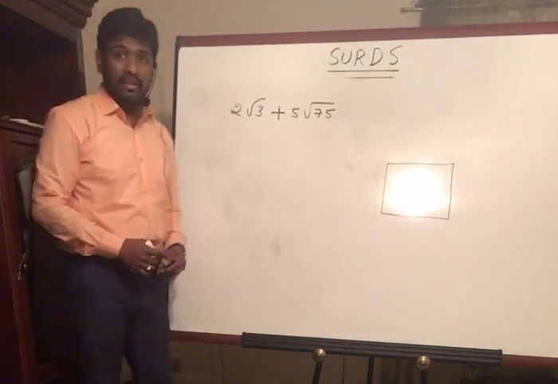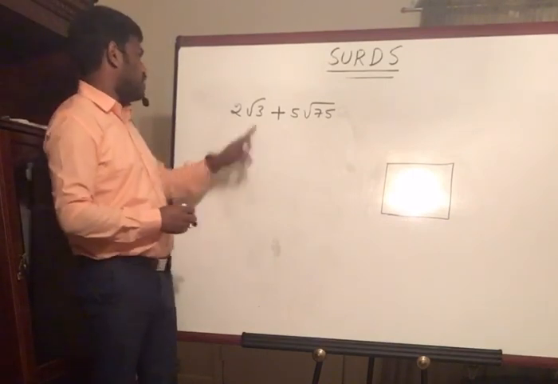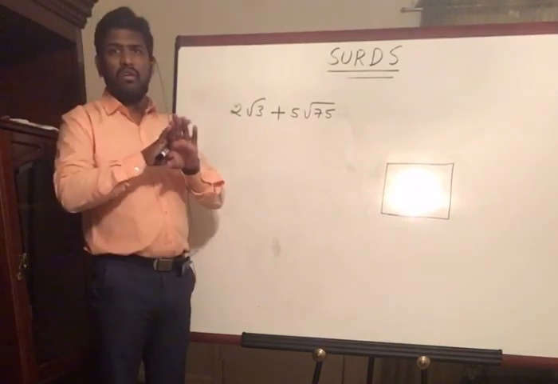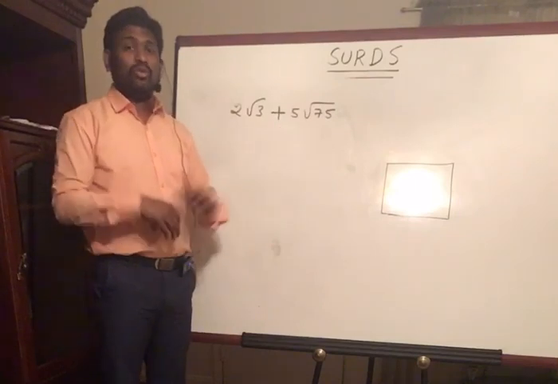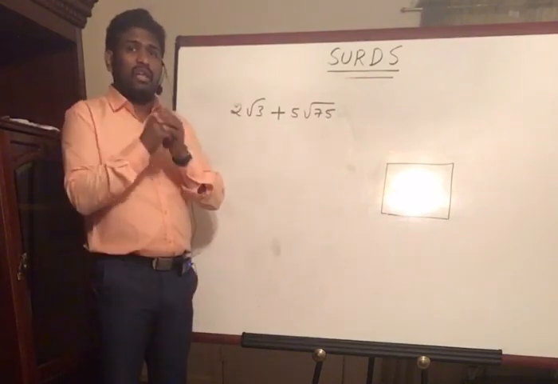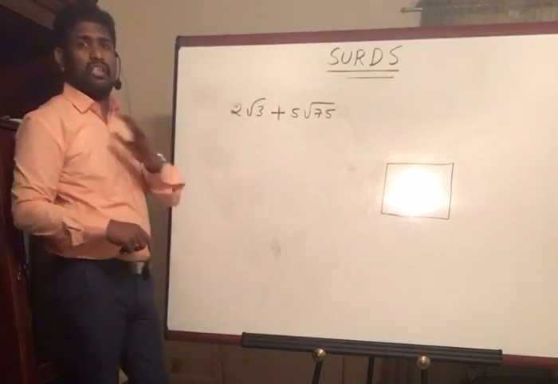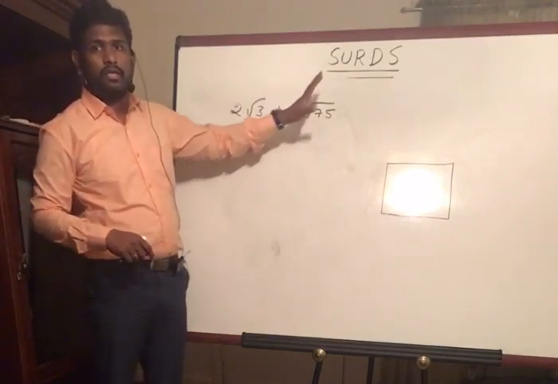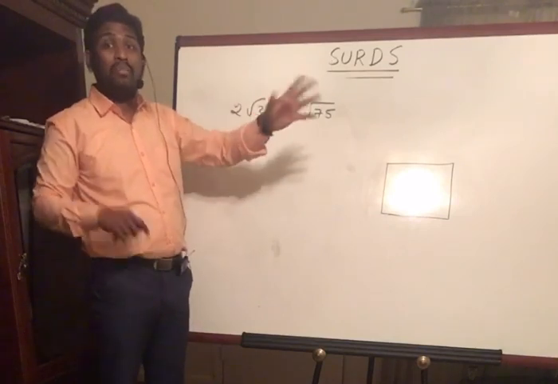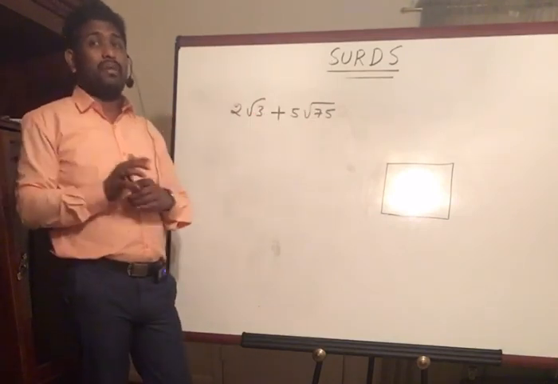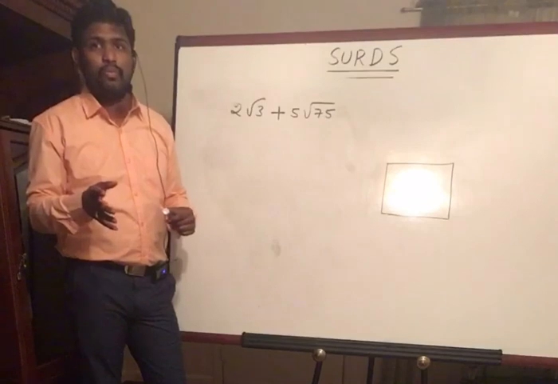If you see directly, this is root 3, this is root 75, they are not the same surds, so they are dissimilar and can't be added. That is the false prediction most students make.